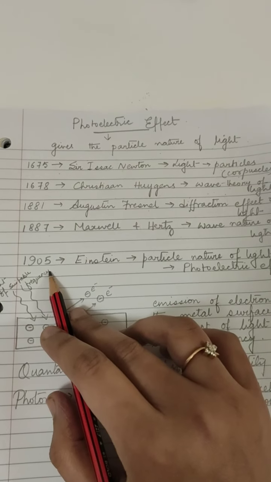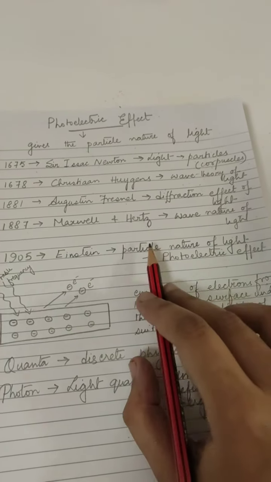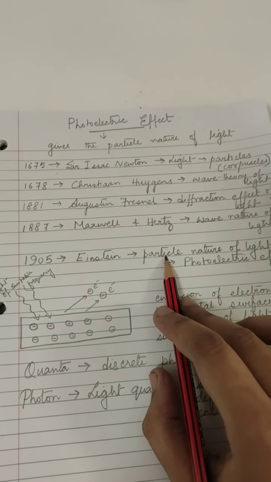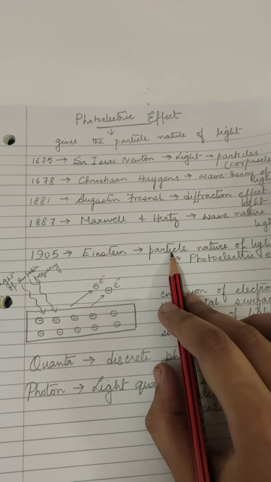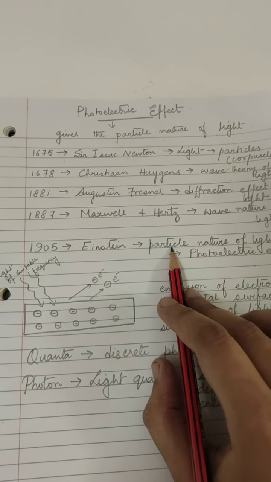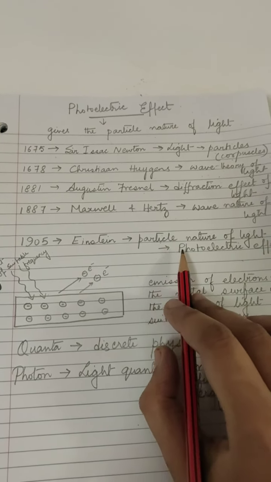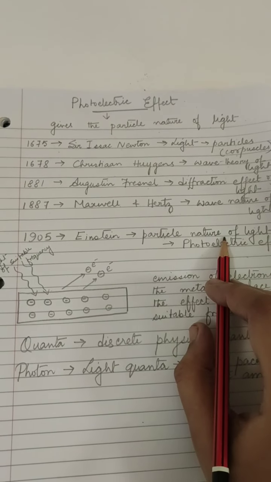But then in 1905, Einstein with his photoelectric effect established again the particle nature of light. So light today by physicists has two natures, that is wave nature, which explains phenomena like interference, diffraction, polarization, and particle nature, which explains phenomena like photoelectric effect, Compton effect.